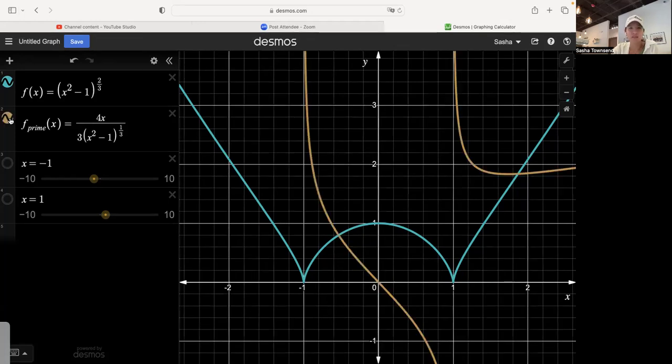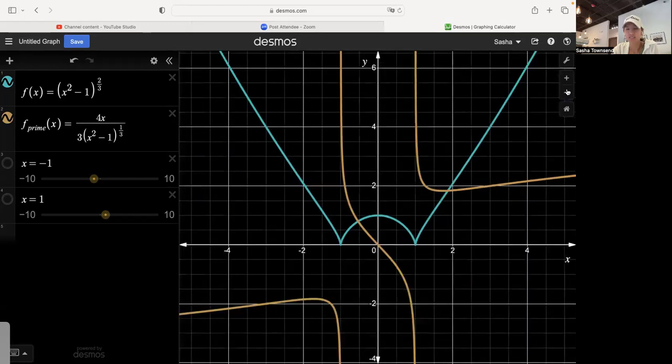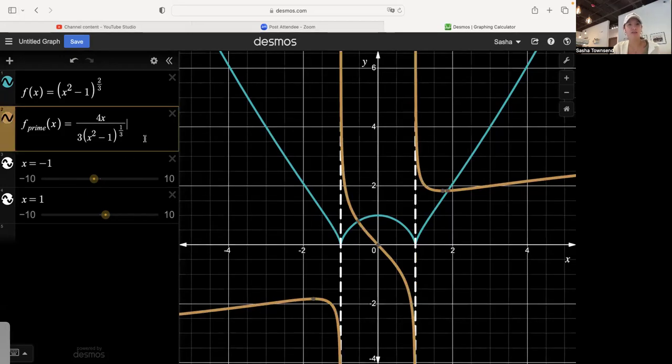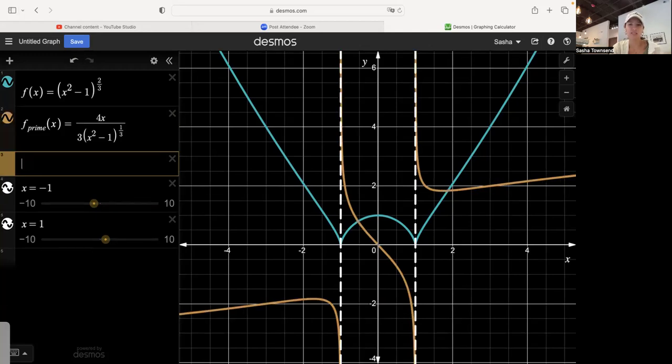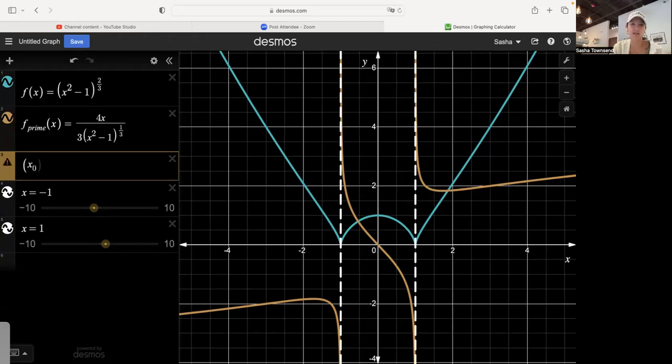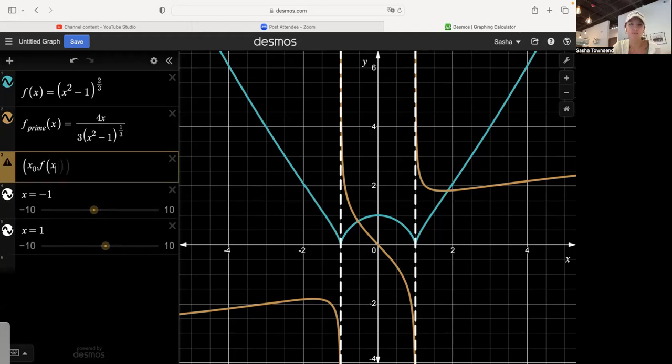When we take the derivative by hand using the chain rule, we got this, and the graph looks like this. Notice that the denominator is equal to 0 at x equals ±1. So if I graph those lines, we see the vertical asymptotes of the derivative graph. And what I'm really interested in is the tangent line. So I want to graph a point x naught, f of x naught.